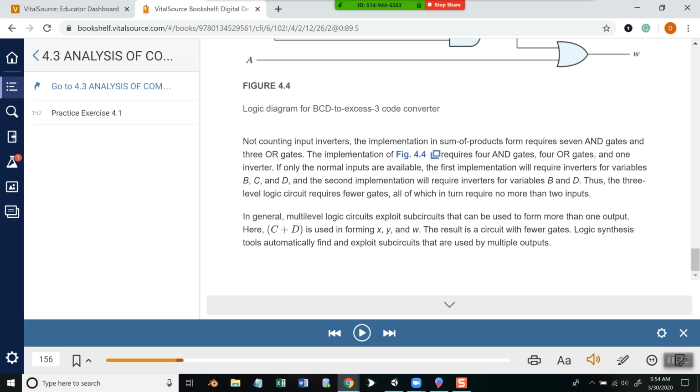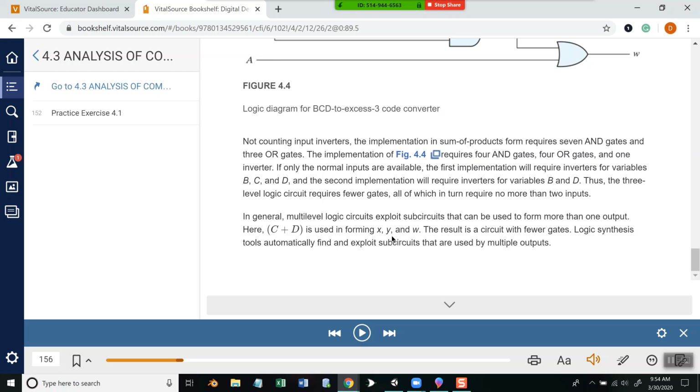Not counting input inverters, implementation in some products form requires 7 AND gates and 3 OR gates. Implementation of 4.4 requires 4 AND gates, 4 OR gates, and 1 inverter. If only normal inputs are available, the first implementation will require inverters for variables B, C, and D, and the second implementation will require inverters just for variables B and D. Thus, the 3-level logic circuit requires fewer gates, all of which in turn require no more than 2 inputs.